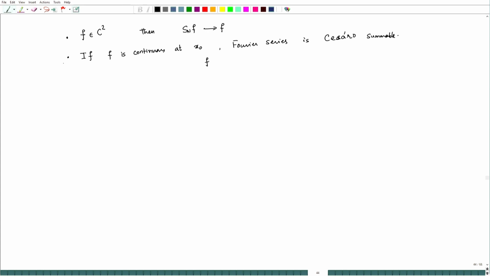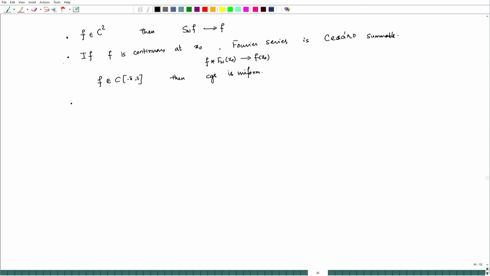In other words, f convolution of F_n hat of x naught converges to f of x naught, and if f belongs to C of minus pi to pi, a continuous function, then the convergence is uniform.